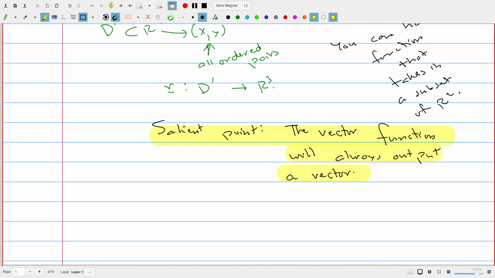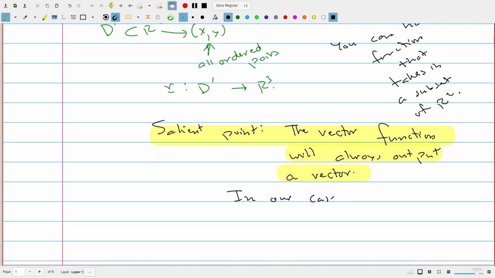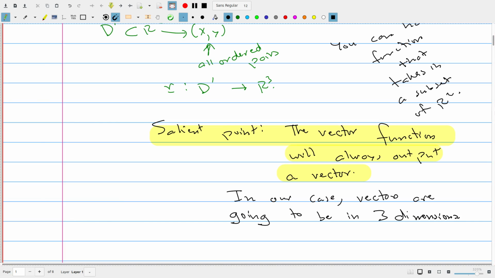Just keep this in mind. For example, in our case, vectors are going to be in 3 dimensions.